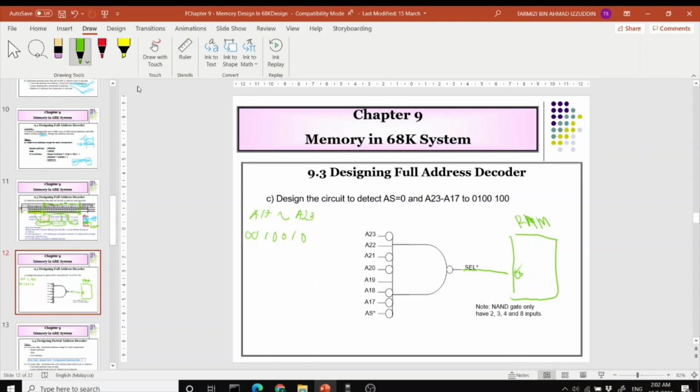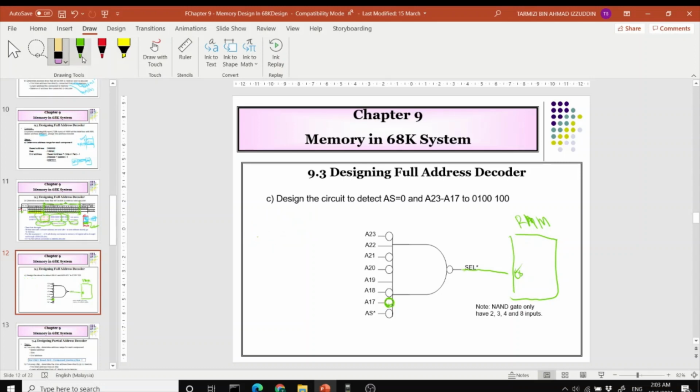all of the pins that have 0, you need to put the input as a bar over here. Let me draw it clearly for you.